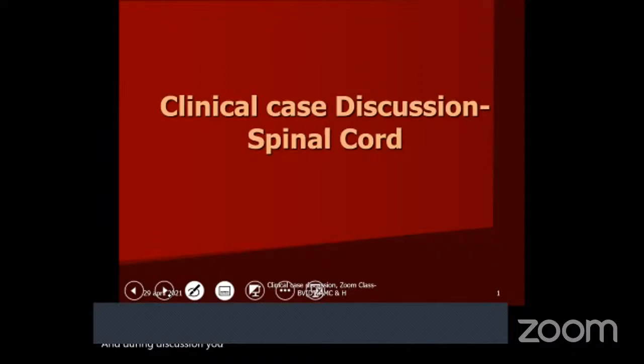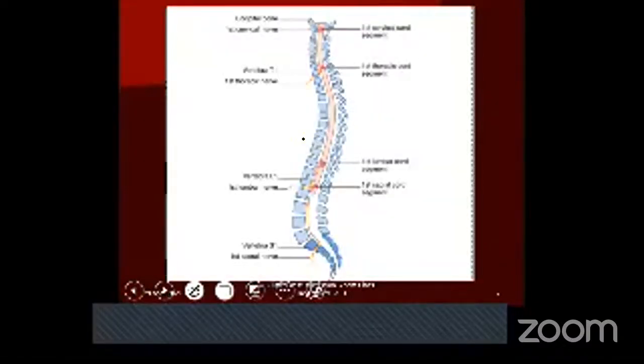The spinal cord is in the bony vertebral canal, surrounded by vertebral bodies anteriorly, pedicles and laminae laterally, and spines posteriorly. So this is the anterior aspect and this is the posterior aspect, which you should be able to identify.